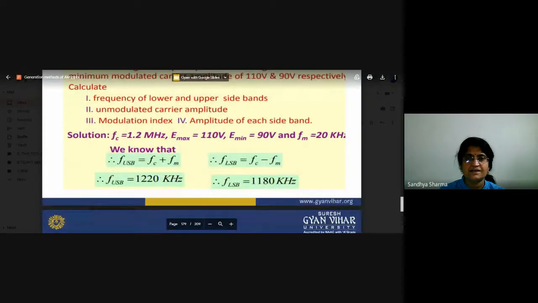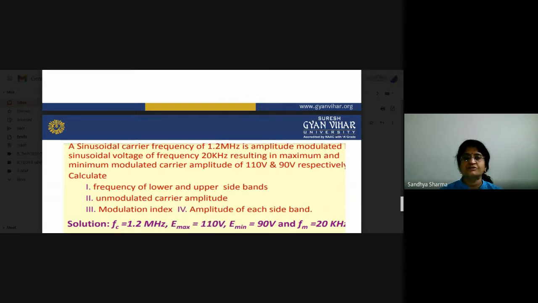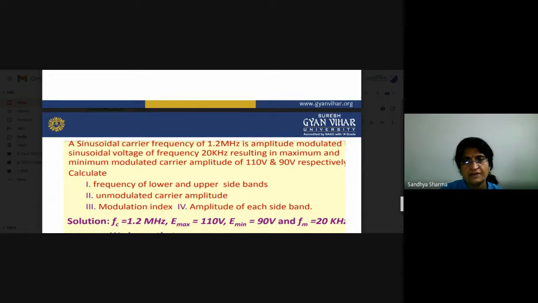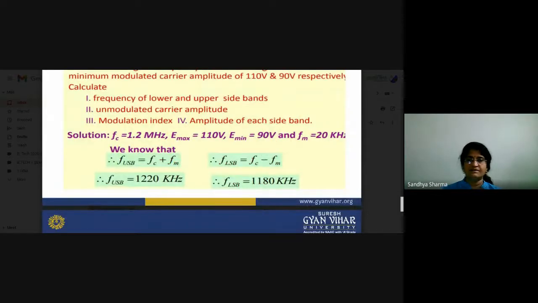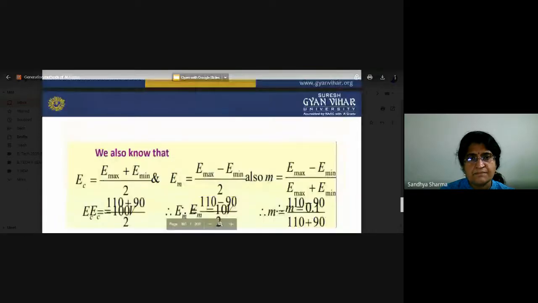So as you can see, 1.2 megahertz is the carrier signal, plus the 20 kilohertz modulating signal frequency. By using Fc plus Fm and Fc minus Fm, we can calculate the upper and lower sideband frequencies. So this is the spectrum.